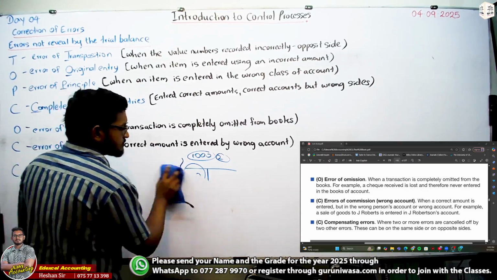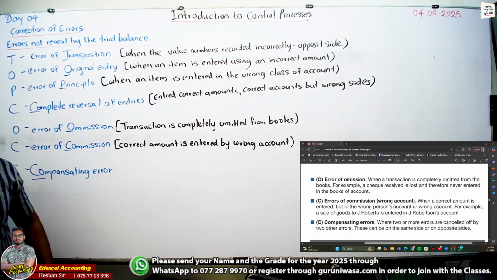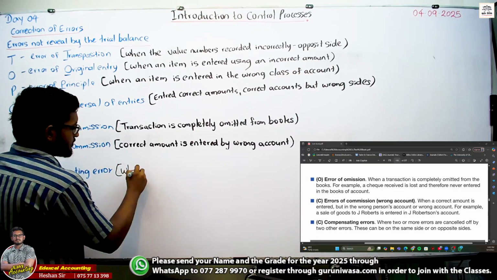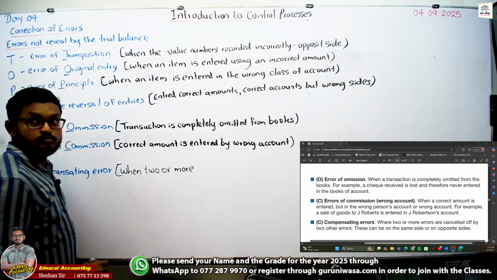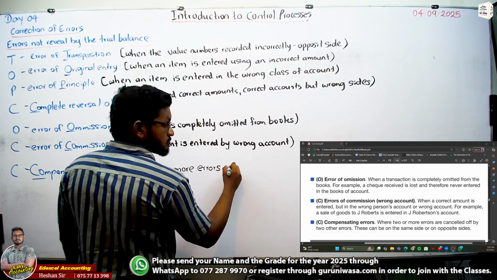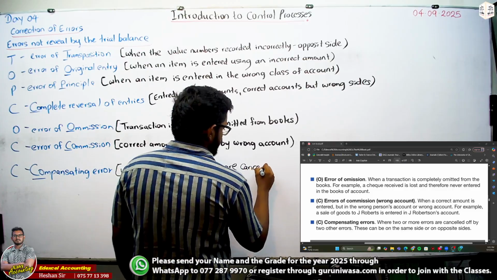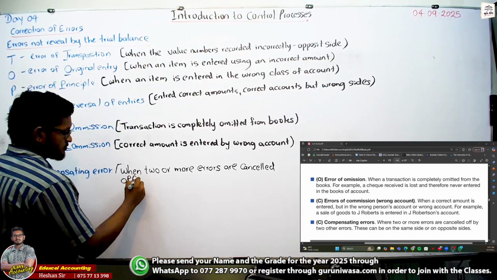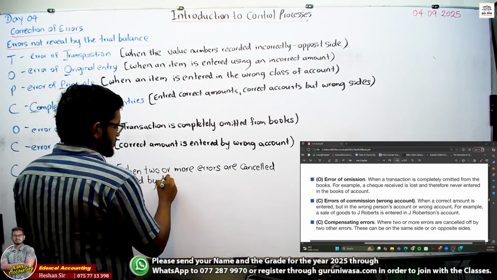That's why, right? You can write: when two or more errors are cancelled off by two other entries.